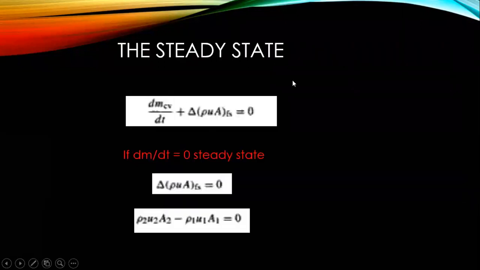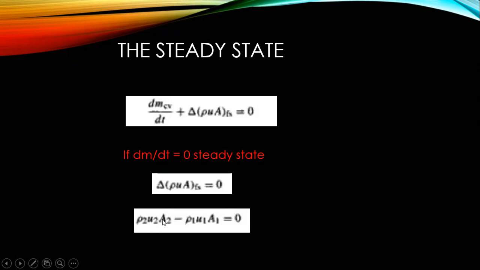Pag sinabing steady state, yung laman ng tangke constant, hindi nagbabago yung amount ng laman niya. So isi-zero lang natin to. So pag siniro niyo to, we have this equation: delta rho u A, or delta density times velocity times area of different flow streams is equal to 0.